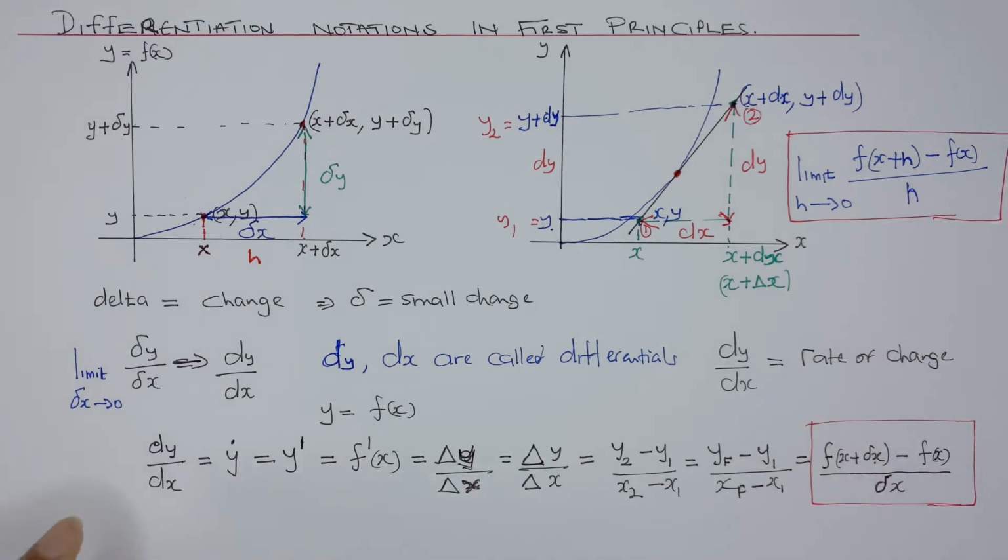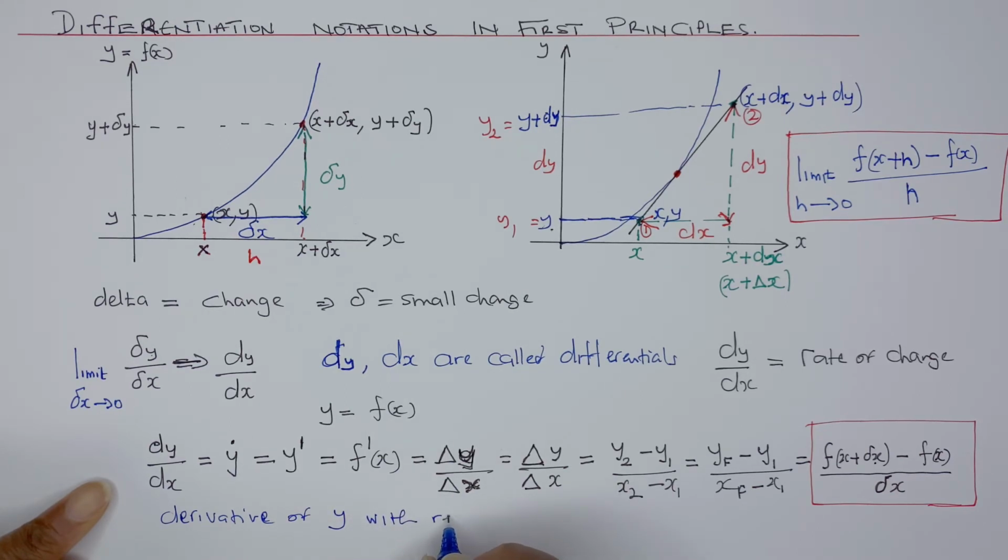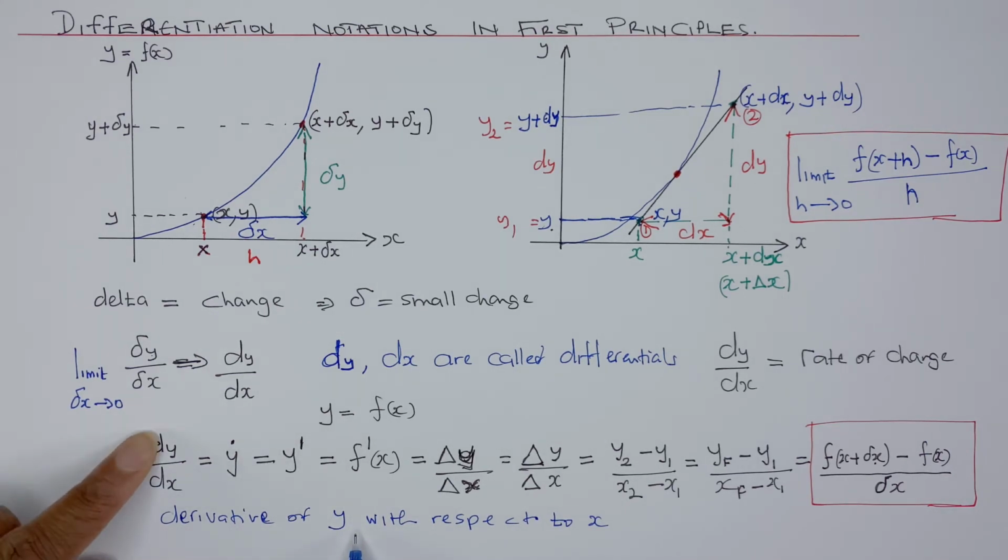So this expression dy dx is called the derivative of y with respect to x. So that's what we call that. That's the derivative of y with respect to x.